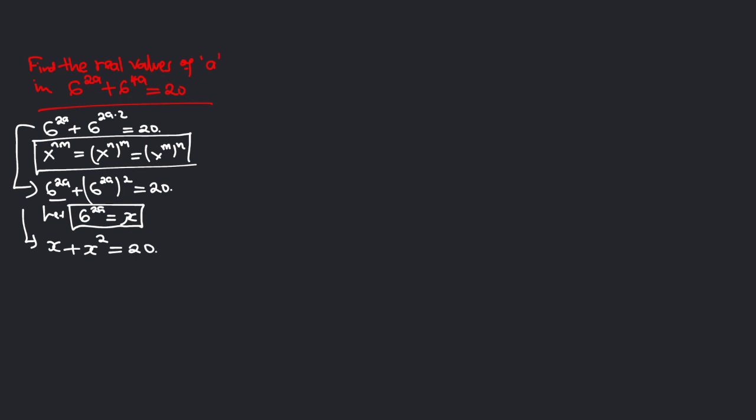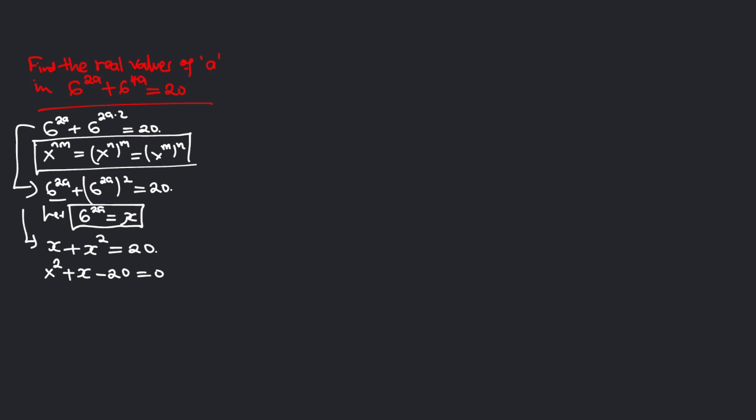So our task at this point is to rewrite this quadratic equation as x squared plus x minus 20 equal to 0. This is a quadratic equation that we can solve easily by factorization.